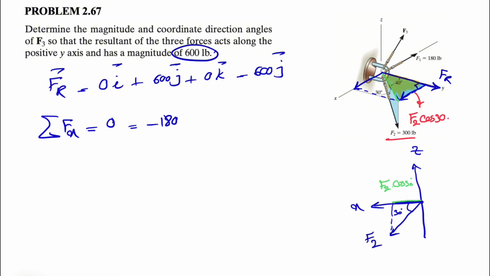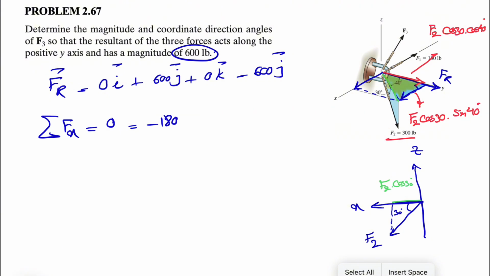We know F2 is also 300. If we want to find the opposite side, it will be F2 cosine of 30 times sine of 40 degrees. And the y component would be what we have in here: F2 cosine of 30 degrees times cosine of 40 degrees.